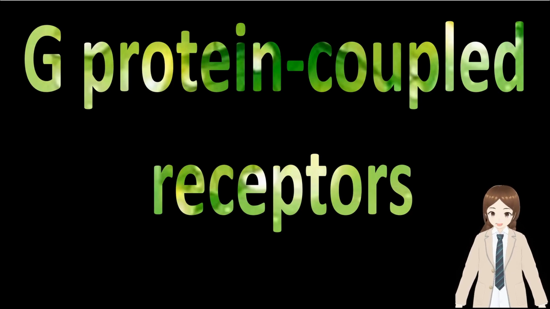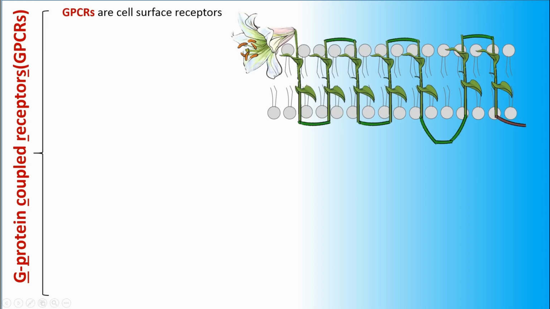G protein coupled receptors, or GPCRs. GPCRs are cell surface receptors.